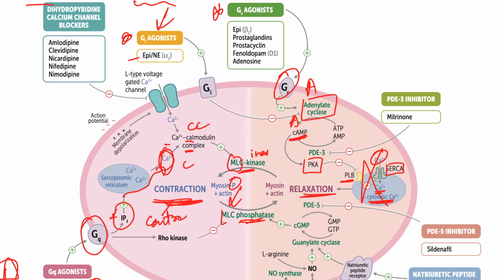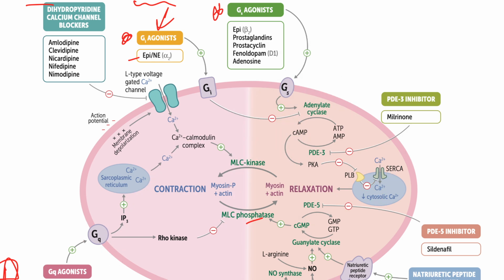I hope you're getting what I'm trying to say here. But the important thing that they will ask you pretty much will be adenylate cyclase, cyclic AMP, and PKA. These three things are important: A for adenylate cyclase, cyclic AMP, PKA, and phospholamban.